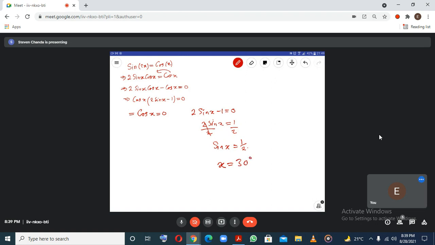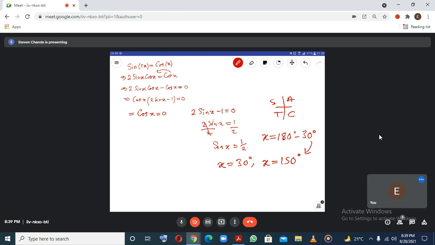We know all students take coffee, so sine is going to be positive in the first quadrant and also in the second quadrant. I've just written 150 because we know how to find the angle in the second quadrant. So that's how we come about that one. We are done with this.